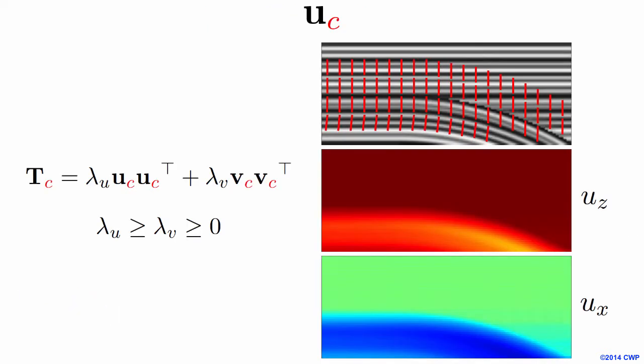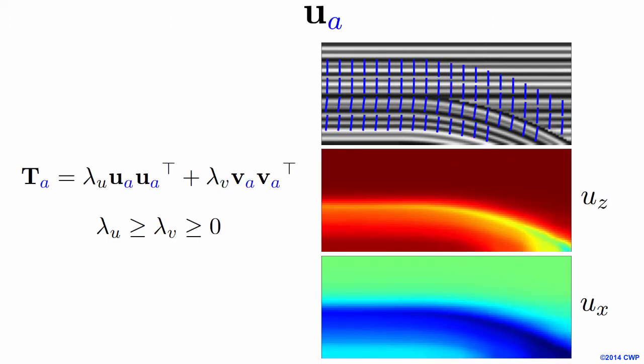Then we apply the eigen decomposition to the structure tensor TC to compute its corresponding seismic normal vectors UC, as denoted by the red segments in the image above. And the two images below are the vertical and the horizontal components of this normal vector field.